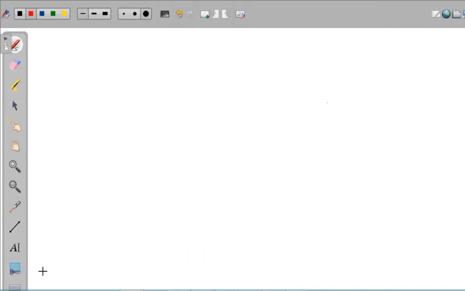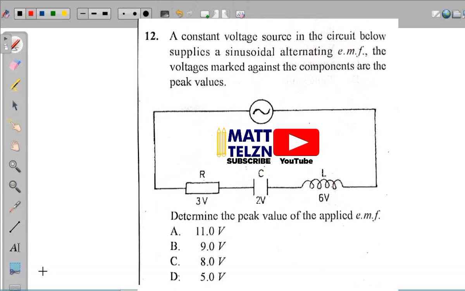Now, question number 12. A constant voltage source in the circuit below supplies a sinusoidal alternating EMF. The voltages marked against the component are the peak values. From the diagram, look at it.